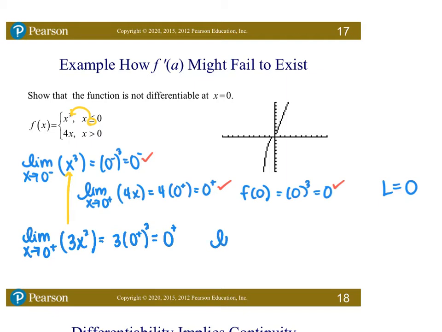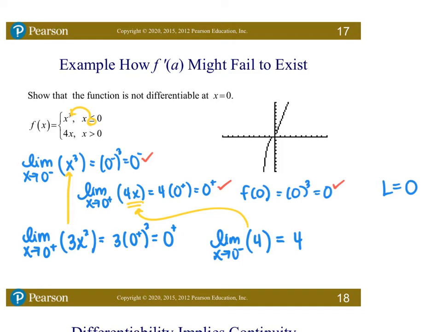Now I'm going to find the limit on the right. So x approaches 0 from the right. This time I want to find the derivative of the right-hand piece. And the right-hand piece is 4x. Now that's a constant multiple, and so the derivative of that is 4.